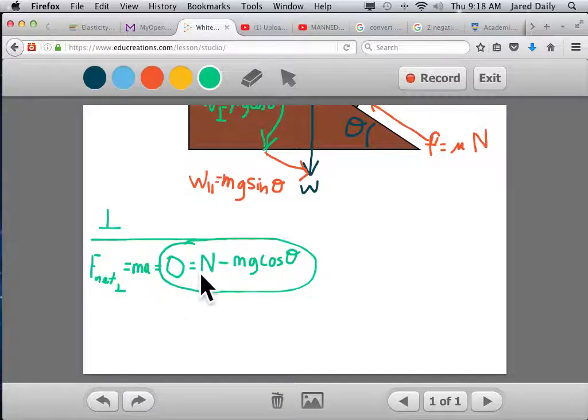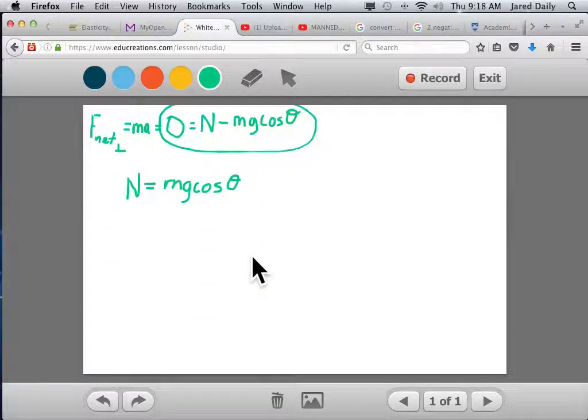If I solve this equation for the normal force, I add mg cosine theta to both sides, and I get the normal force is equal to mg cosine theta, which you can get just from looking at the problem, really. But we just calculated it in a nice, clean fashion. So now I can calculate the normal force, and I can also calculate the friction force now, because the friction is equal to mu times N. So let's go ahead and calculate that.